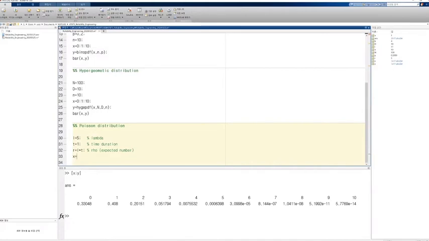So x would be, there can be 0 cars visiting for the hour, and maybe what would be the maximum number of cars that visit during 1 hour.